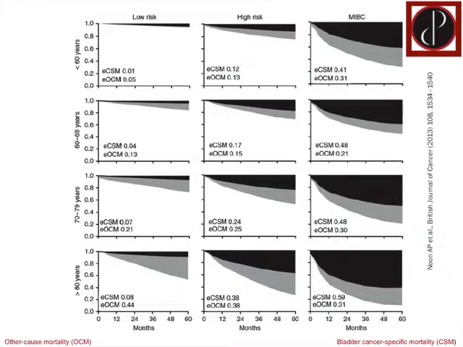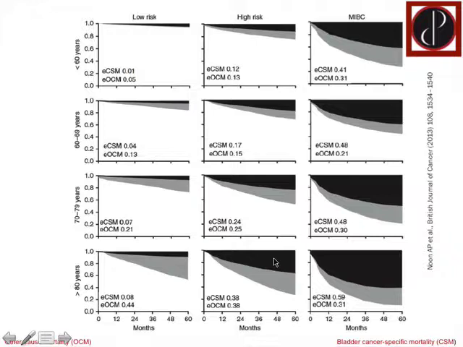Interestingly, this is a very interesting graph. We will come back to it later. So low-risk prostate cancer, non-muscle invasive, high-risk prostate cancer, bladder cancer, non-muscle invasive, and then muscle invasive bladder cancer. You see as the age is getting higher, you will see more all-cause mortality and bladder cancer specific mortality.